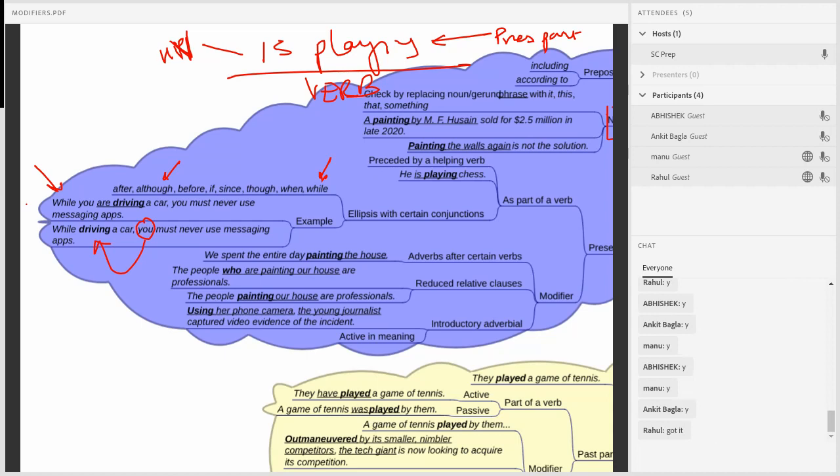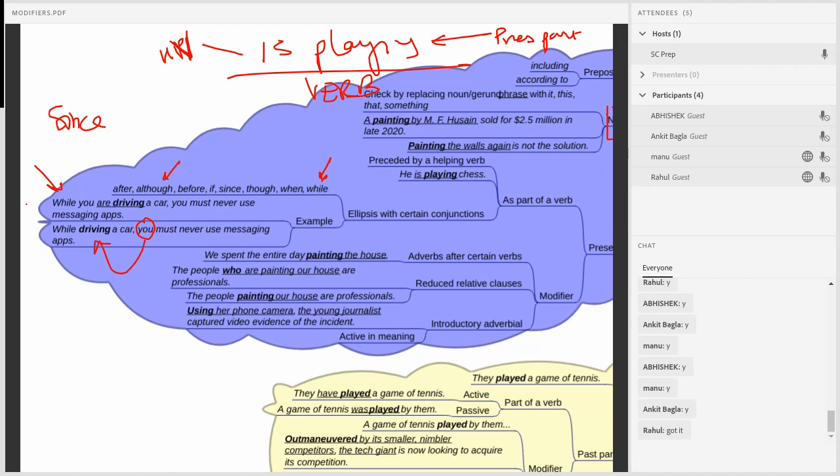Now, excellent. Let me give you one more example. This is from an actual GMAT. Okay, let me not give you the actual GMAT question. Let me give you something similar to what they used. So the word they used is since. Let me just come up with something else.